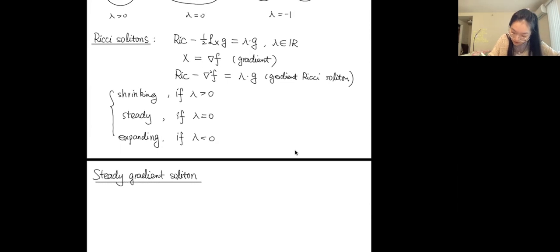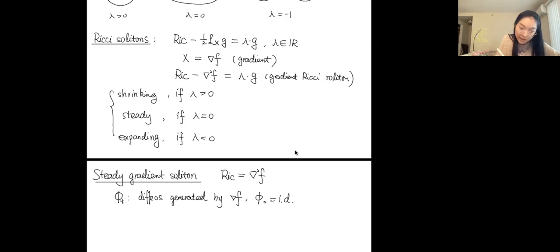And so here lambda equals 0, so the equation becomes Ricci equals Hessian of f. Okay, and we can check easily that this steady gradient soliton generates a Ricci flow in the following way. Consider this family of diffeomorphisms phi_t, generated by the gradient of f, with phi_0 the identity map.